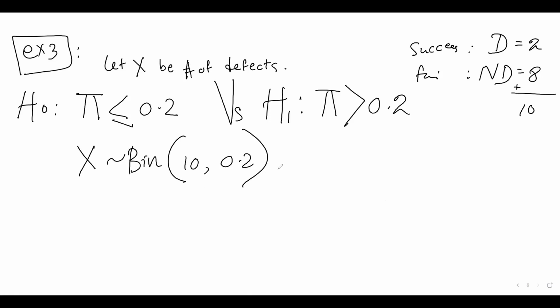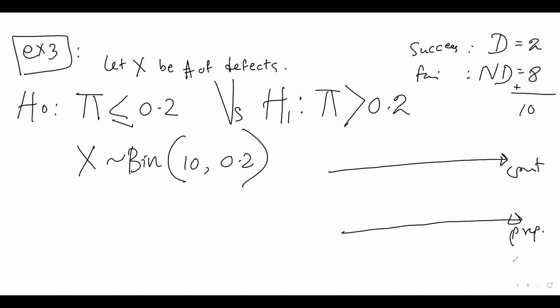Don't put 0.5 here, it's 0.2, right? And how do we compute the p-value? Here, it's the same way. Count axis and the proportion axis, right? 10, and now this is our hypothesized value, 0.2.